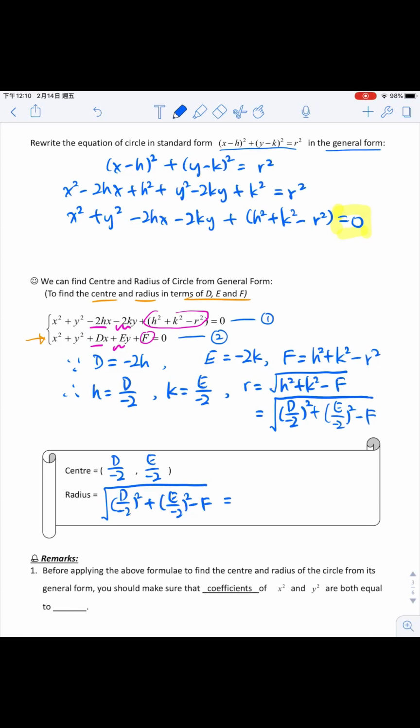And also, if we have already found the center h, k, we can also use the square root of h squared plus k squared minus f to find the radius. So here we got two important formulae to find the center and radius of circle from the general form of the equations.